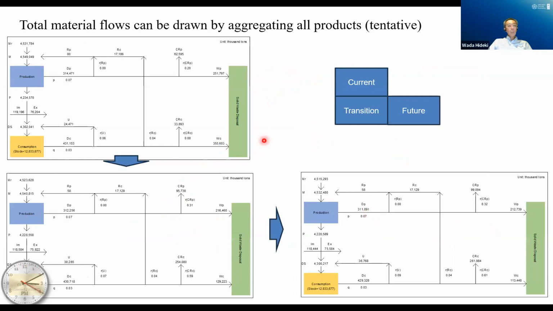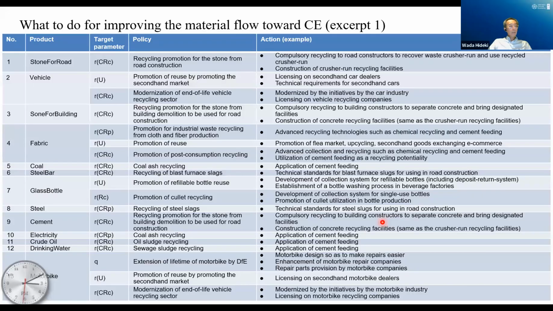Also, the total material flow can be drawn by aggregating all the material flows drawn for all the target materials. And from that kind of material flow, we can screen out the policy options. In other words, what we should do for those products to improve towards the circular economy, like this.